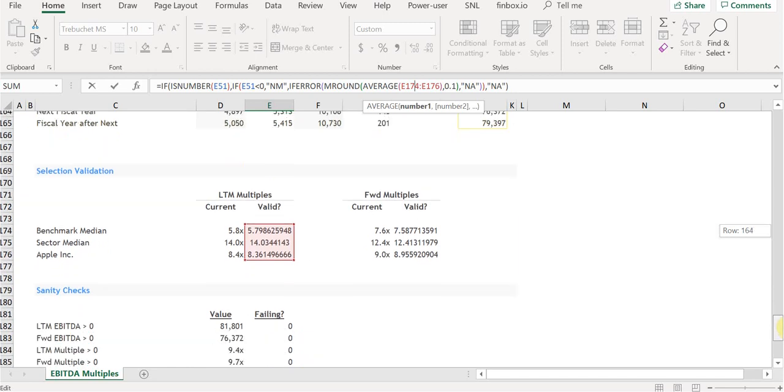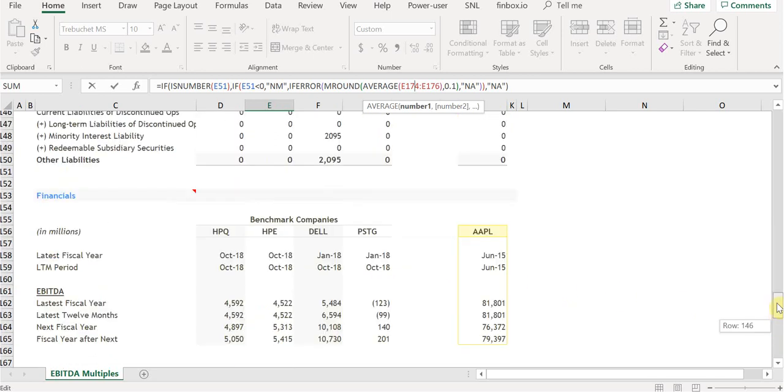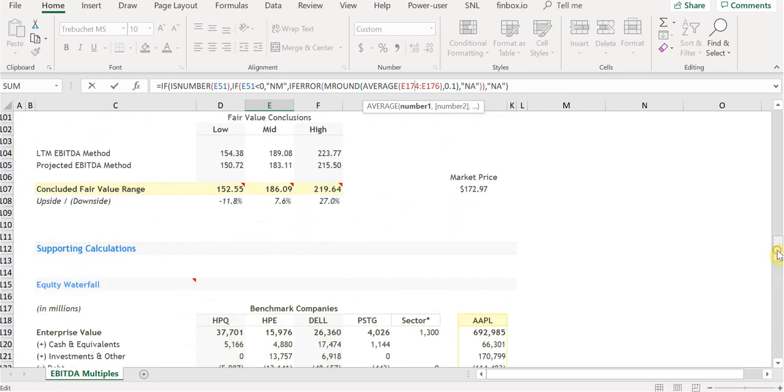For me, I would say that the forward multiple is 9 times. That obviously assumes that EBITDA would be declining. The problem with Apple is that, valuation-wise, they never get credit for future growth.